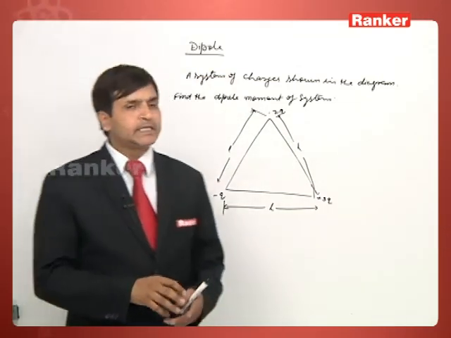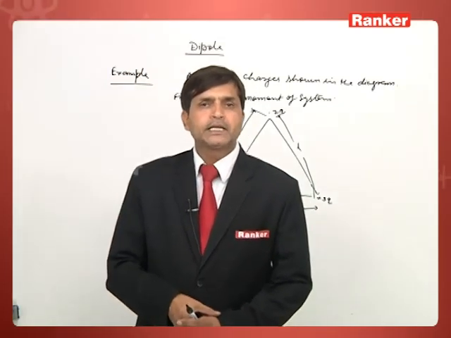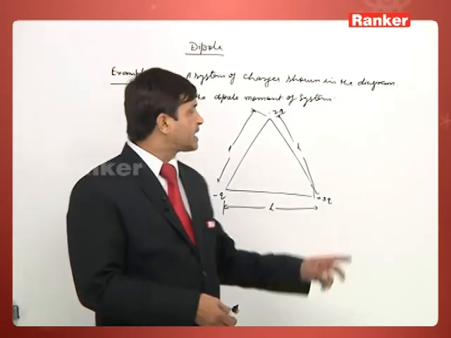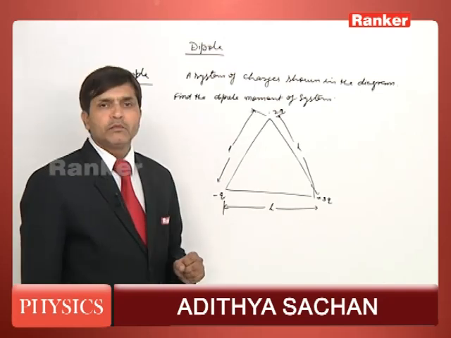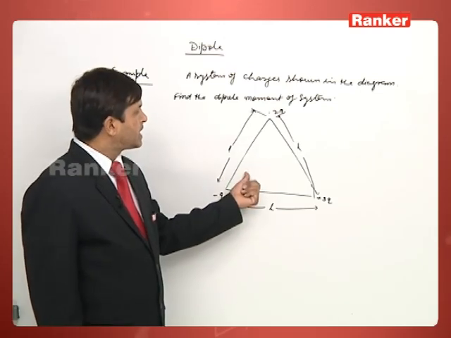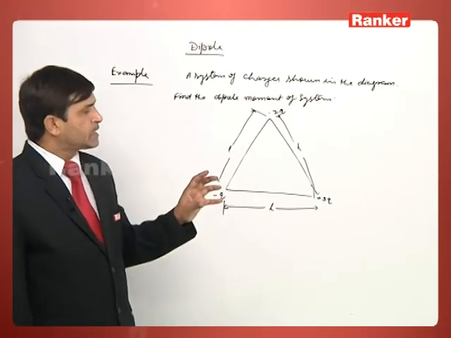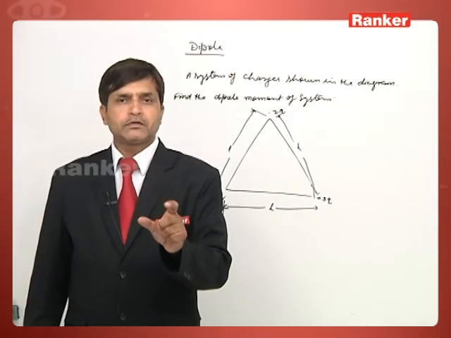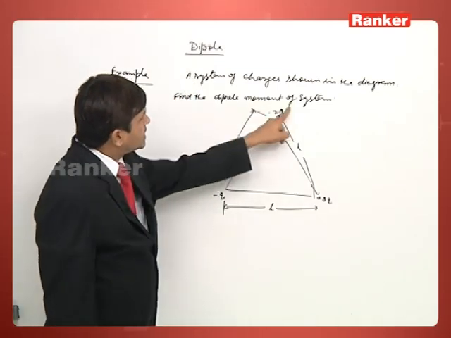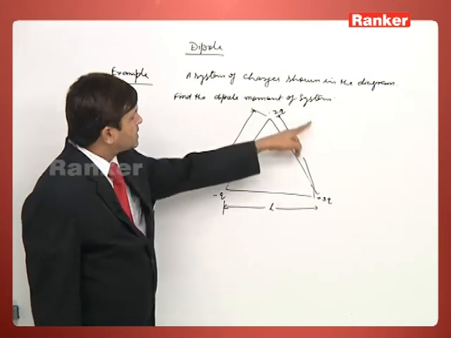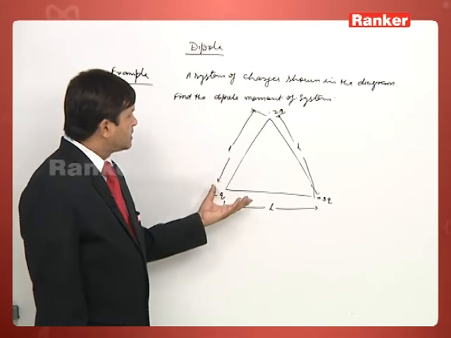It means in the system of charges, three charges are given, minus q, minus 2q and plus 3q, kept at the corners of an equilateral triangle as shown in the diagram. Now we have to find the dipole moment of the system of charges. The first thing is that, as per the definition of dipole, the net charge in a dipole is always 0, because two equal and opposite charges are at a certain distance L. If the net charge of the whole system is 0, we can have a combination of some dipoles.